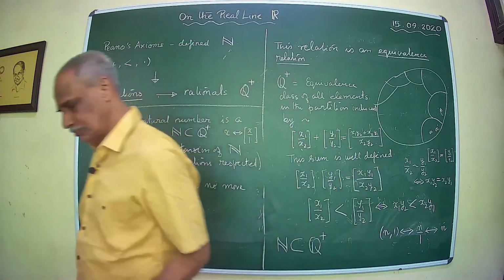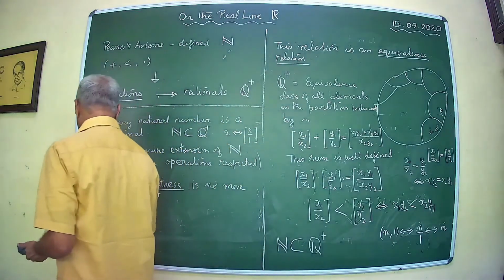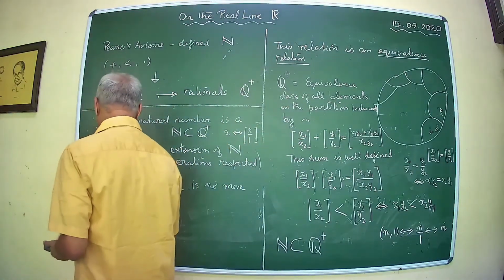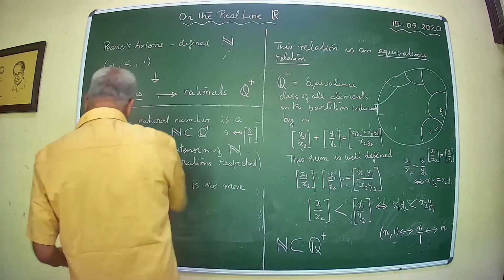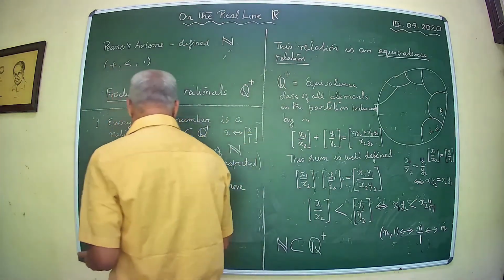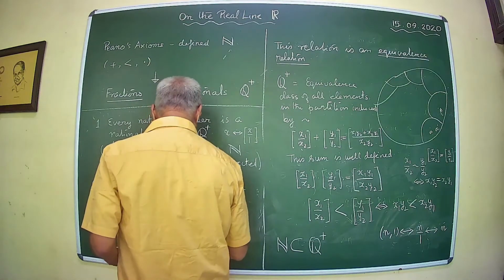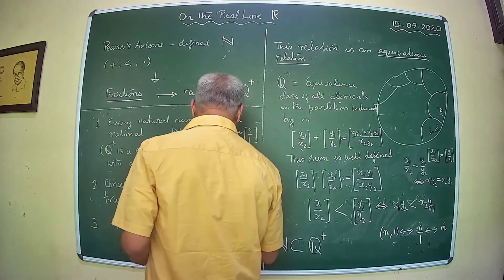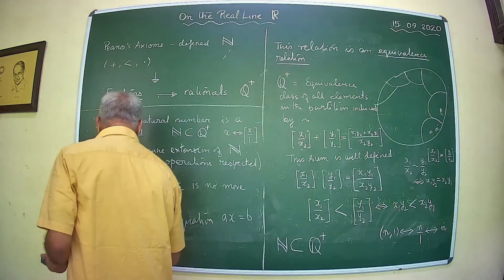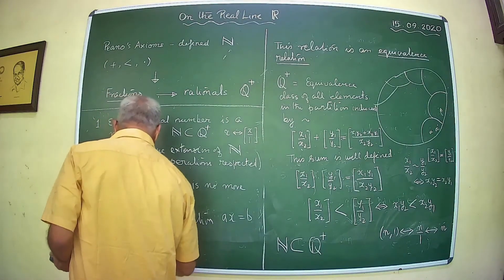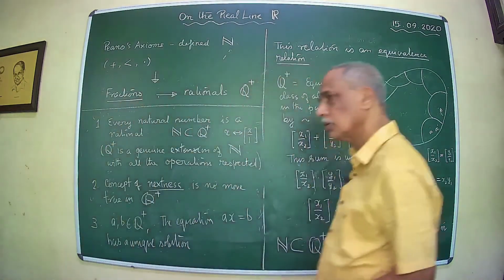Look at this one. Suppose you look at this equation. Suppose a, b belong to Q plus. Then the equation ax equal to b has a unique solution for all a and b belonging to Q plus.